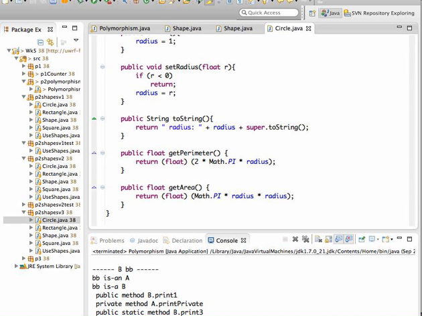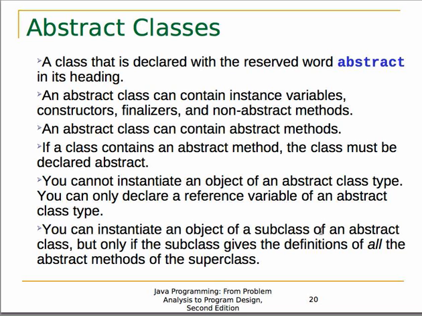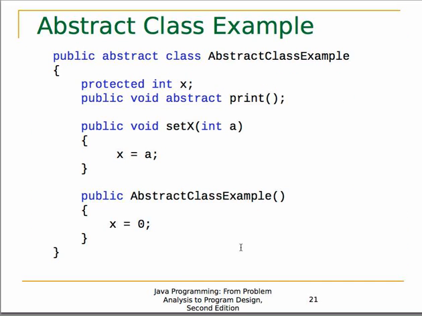So to be able to create instances of Circle, all of those abstract methods from the abstract class have to have method bodies. So let's take a look at this example in our next video.